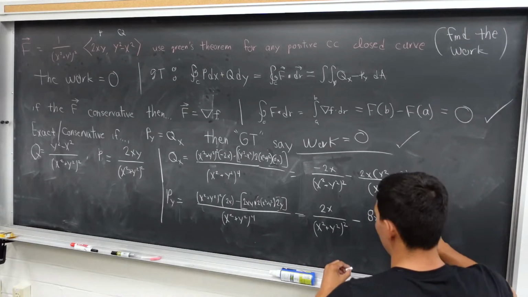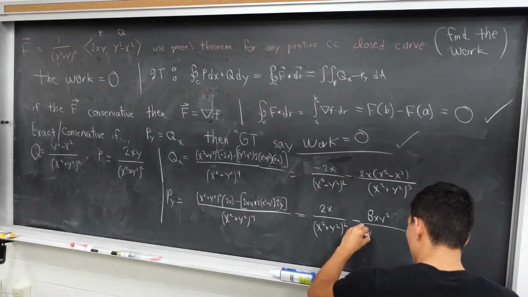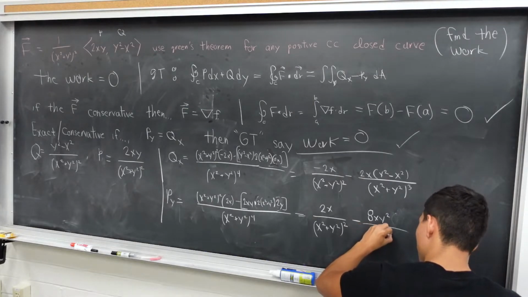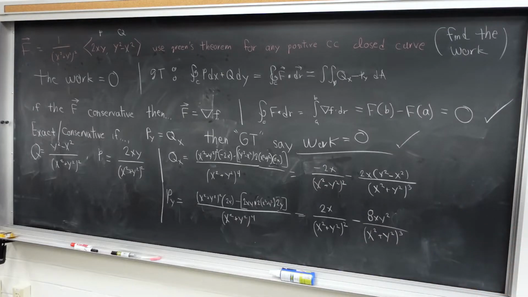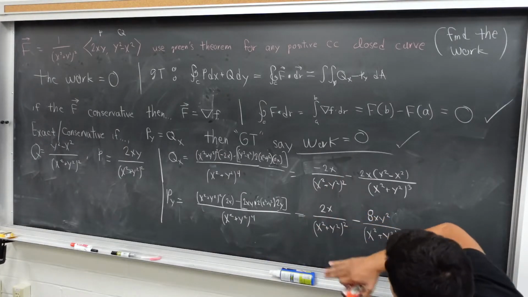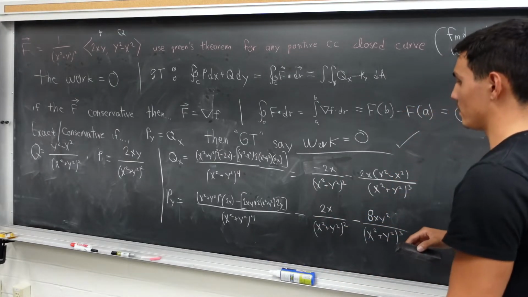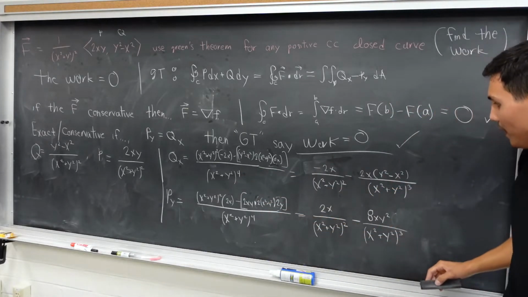And there's x squared plus y squared here, so let's just keep it out. And that's x squared plus y squared, cubed. Okay. So this is true, right? These are the derivatives. And, okay, so this is Q with respect to x, P with respect to y.